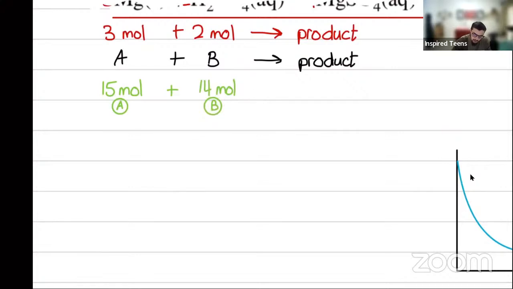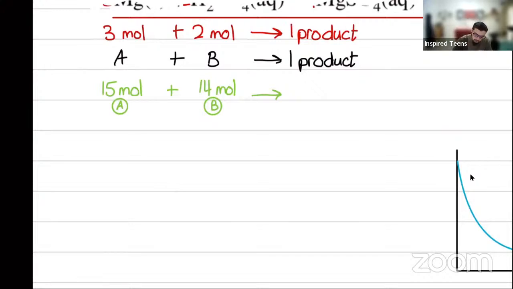How much product do I end up forming? We understand that we need to take 3 moles of reactant A and 2 moles of reactant B to form a single product. So here's one product, this forms one product, and this forms one product.